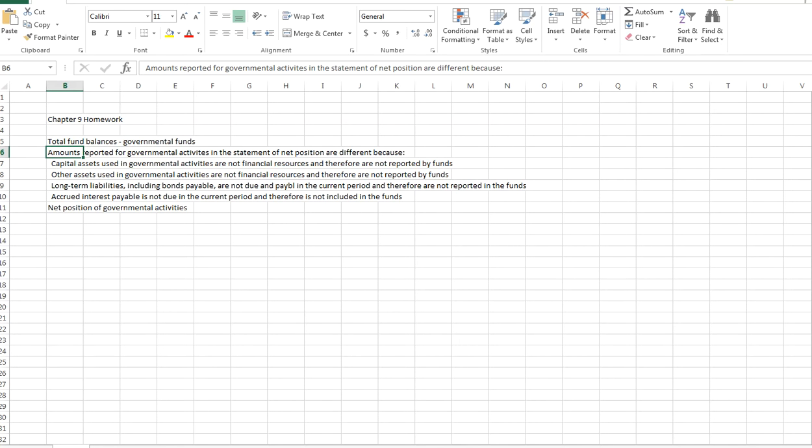And then you're looking at the amounts reported for governmental activities and why they're different. And then you're reconciling that to the net position. And I believe you're given that as well. Yeah, you're given total net position. So you're basically reconciling total government fund balances to total net position by using this information. And so that's your first homework problem.